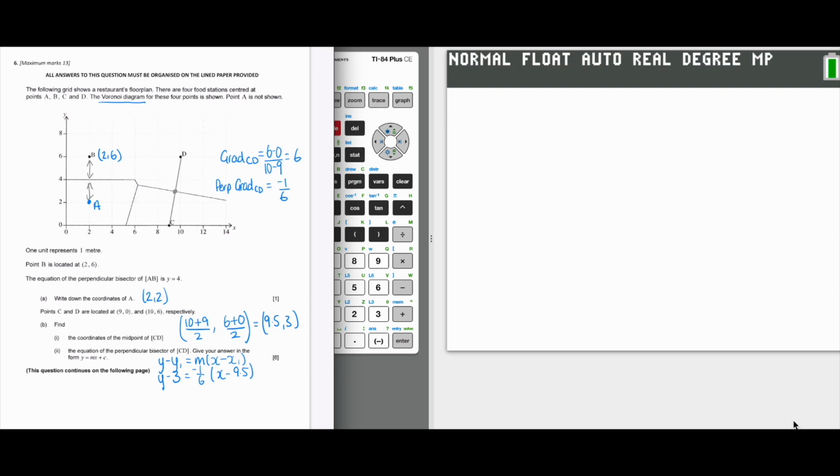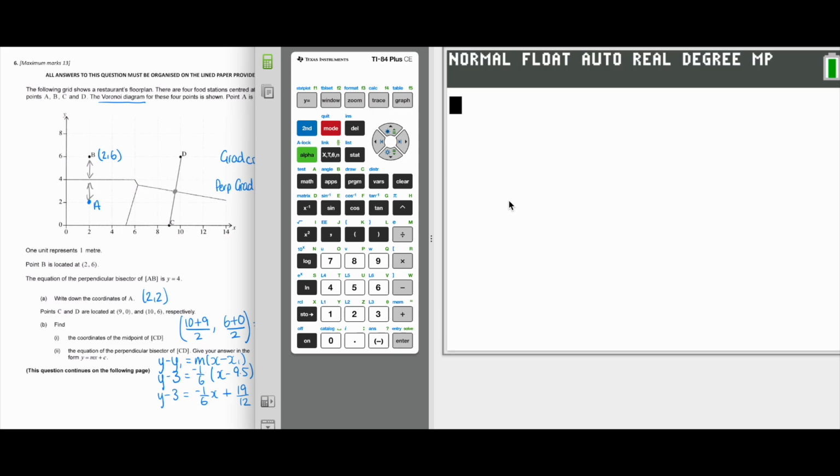So we can now expand that out and simplify. So y minus 3 equals negative 1/6 of x, multiplying out my bracket, minus, or plus even, and then this is going to become 19 over 12. And if you're not sure how to do that, we can literally do it on our calculator.